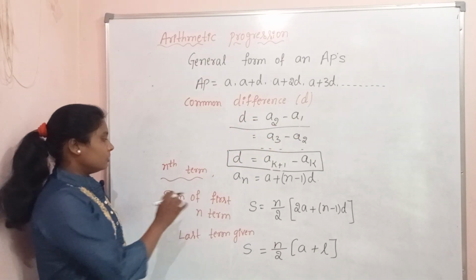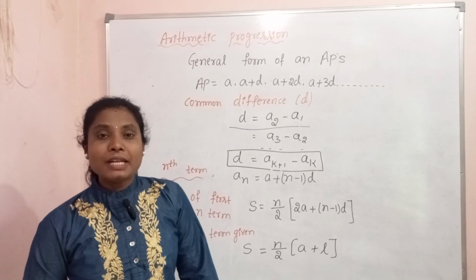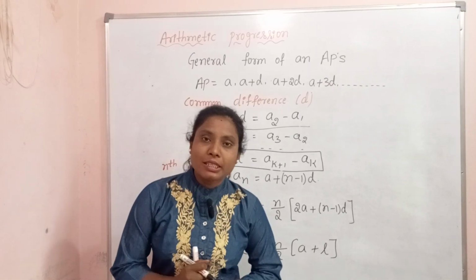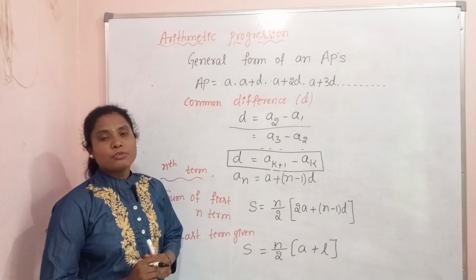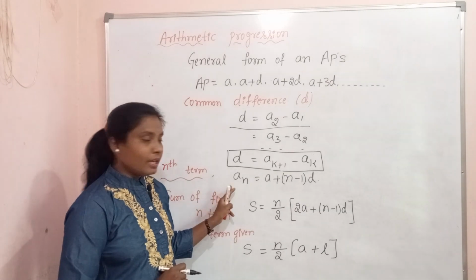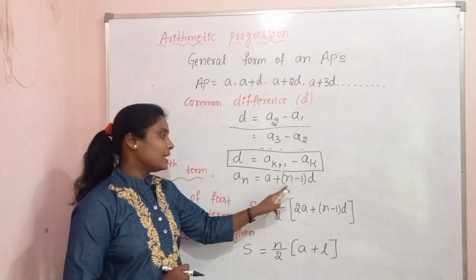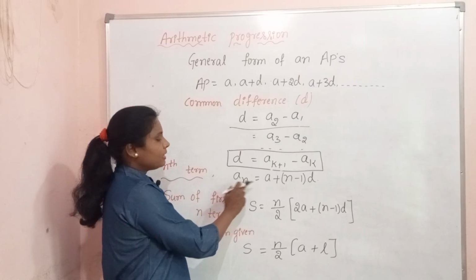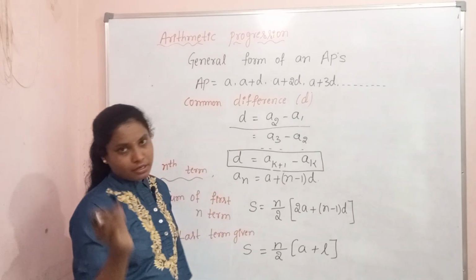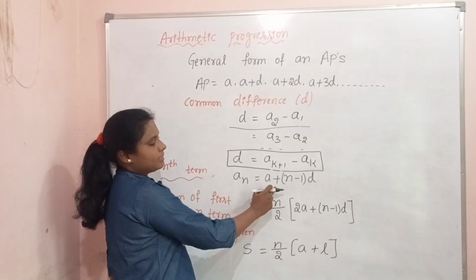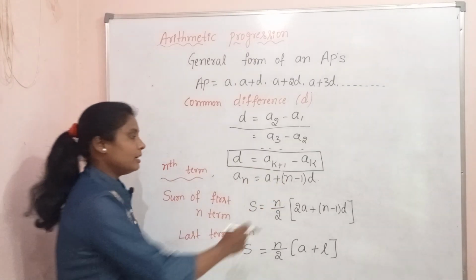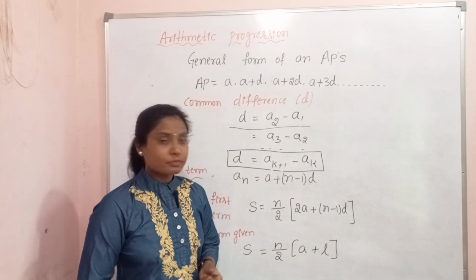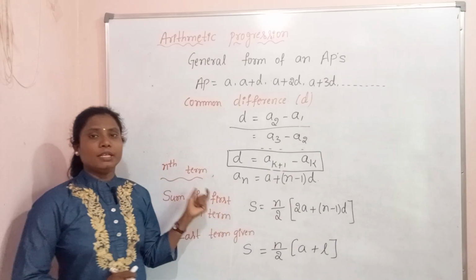Next, the third formula: how to find the nth term of an AP. For example, the 20th term of an AP. How to find it? Using the an formula, an is equal to a plus (n minus 1) into d. Here n is equal to 20, so a20 is equal to a plus 19d, using the given AP. Suppose they give how many terms there are in an AP.